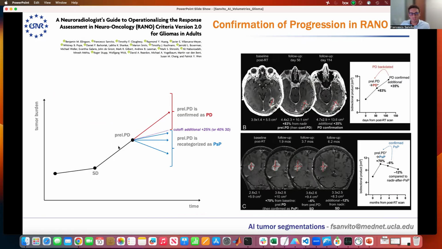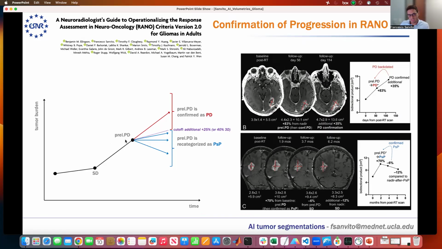Sometimes the common misconception is that if a tumor grows, like here, and then it remains around that size, that the progression is confirmed. That's not how it works in Rano. The confirmation of progression works like this: you have to observe a preliminary progression, so an initial growth, and then further growth. So 2 progressions in a row, let's say, to call it a confirmation of progression.